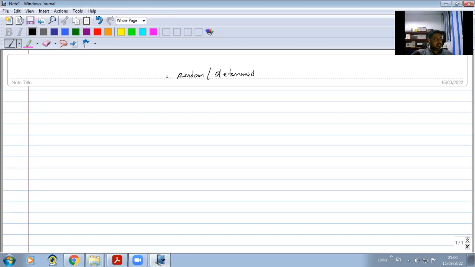The second one is continuous time and discrete time. The third one is non-periodic and periodic signals. So these types of signals we have learned.